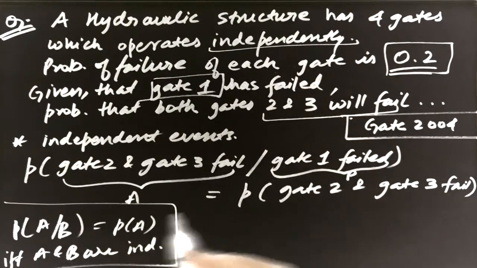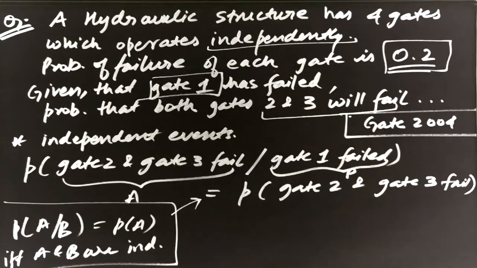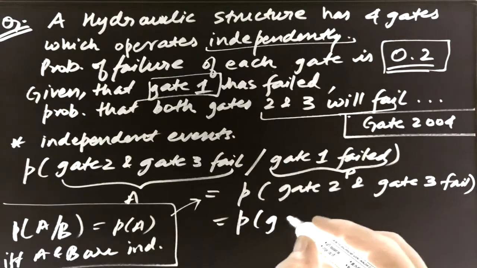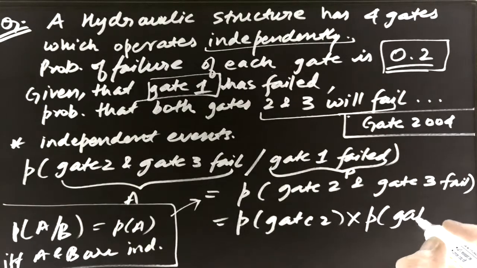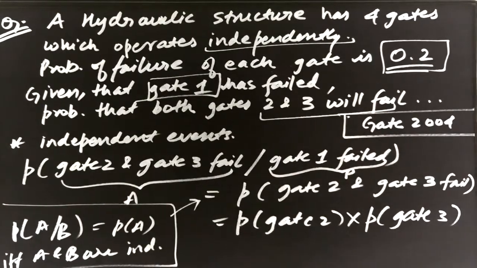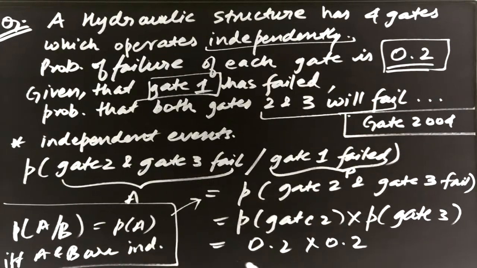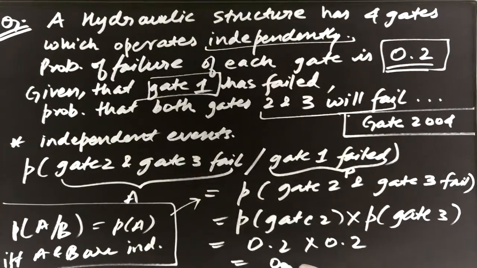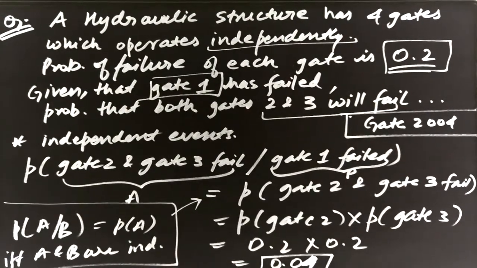So we have used this property and applied it here. So we get probability of gate 2 and gate 3 failure. And since these are independent, we can write it as probability of gate 2 failure multiplied by probability of gate 3 failure, which we have already been provided with, 0.2. So it will come out to be 0.04. This is the answer.